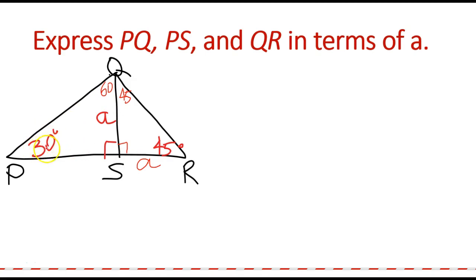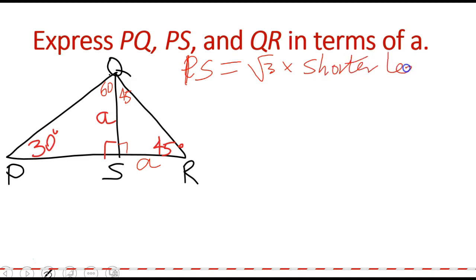Because this is 30 degree, the side opposite it should be the smaller leg, the short leg. So what is PS? PS is the longer leg here. So we know PS, which is the longer leg, is square root of 3 times the shorter leg.